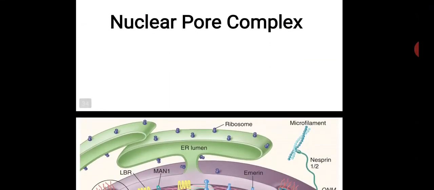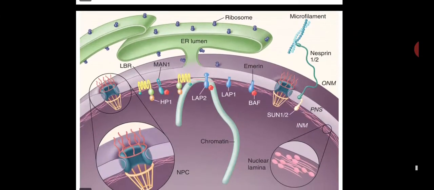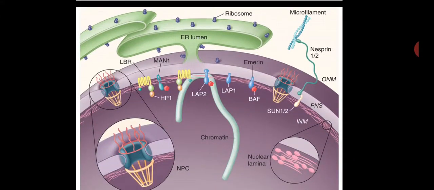Today we are going to discuss the nucleus and nuclear pore complex structure. Just so you know, the nucleus is a very important cell organelle which can store and pass the genetic material information to the next generation, and it also controls all the cellular activities through the stored genetic information.